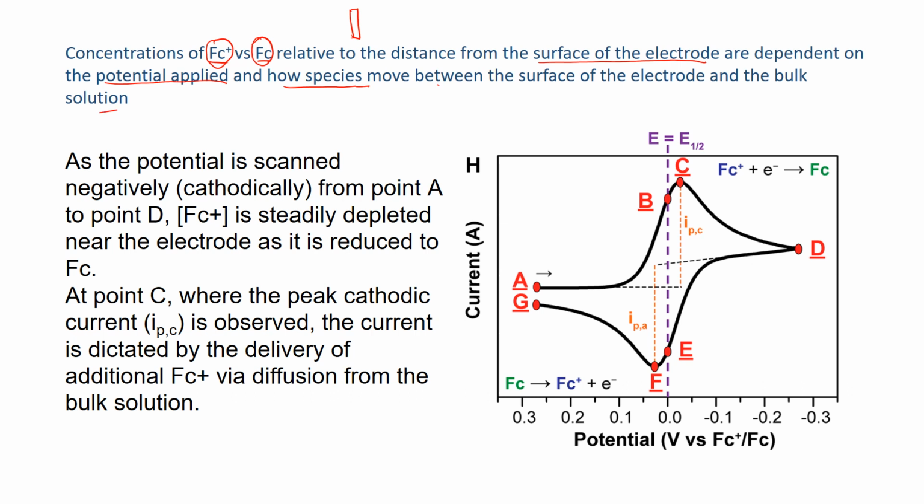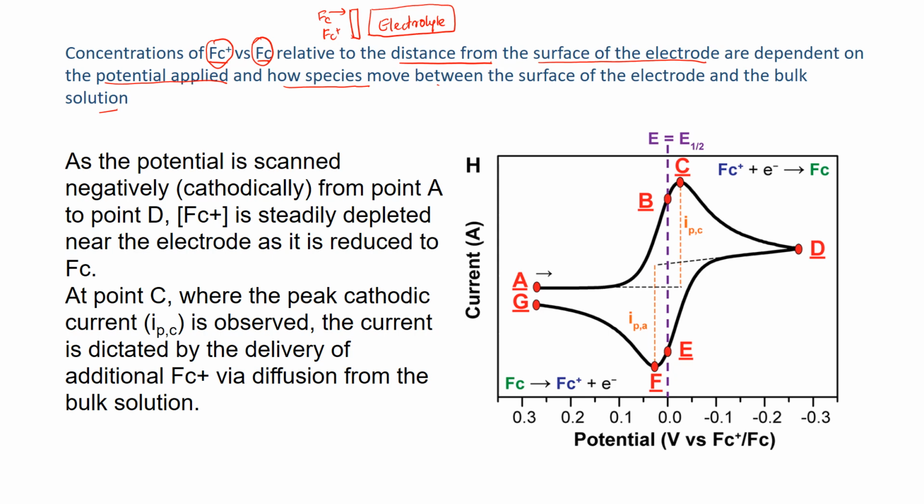Now this is the area where the bulk material is present. This is the electrolyte. Here on the surface there will be Fc and Fc plus ions on the surface and near the surface. That means just a small distance from the surface of the electrode there will be Fc and Fc plus.